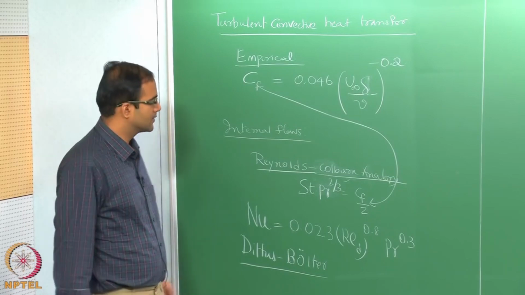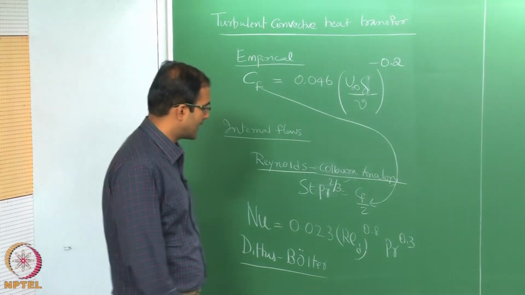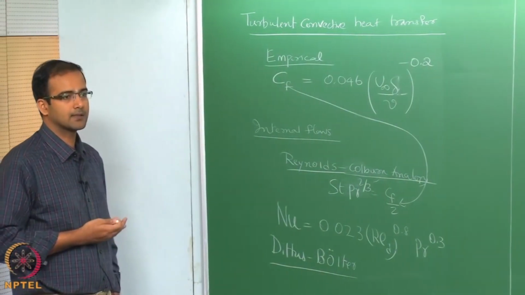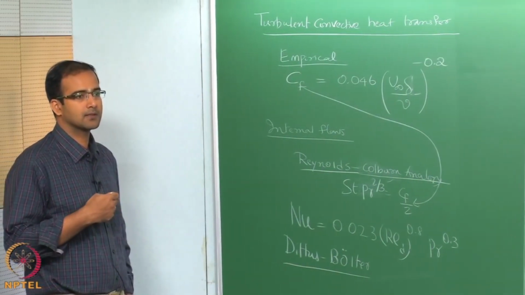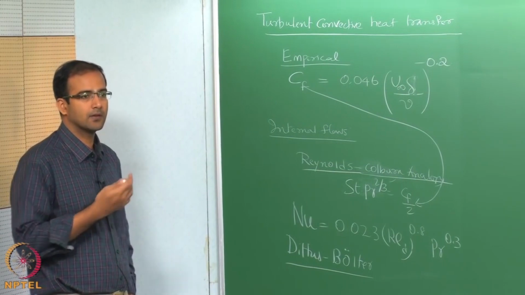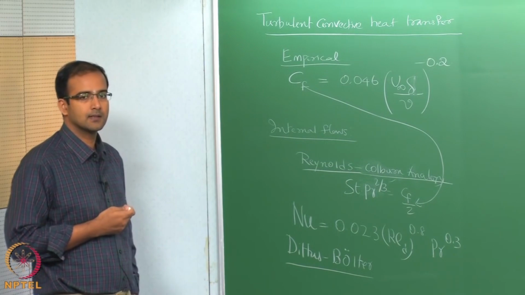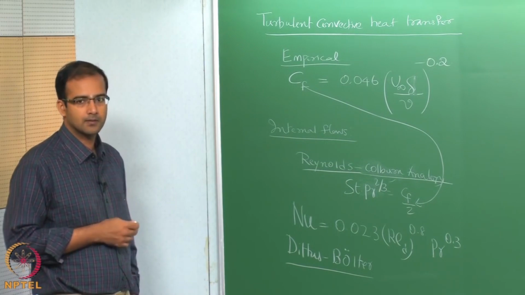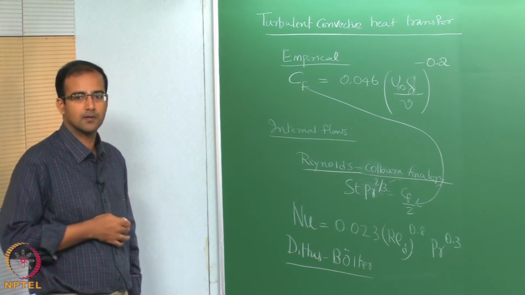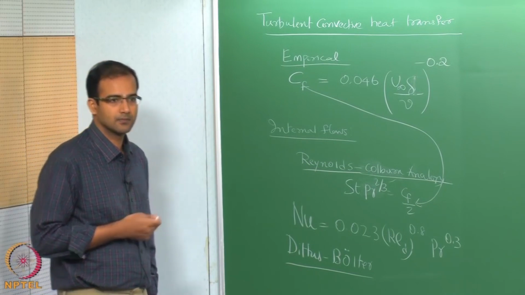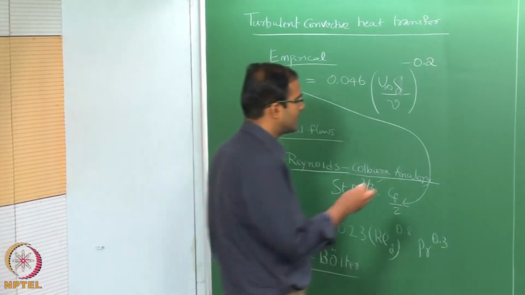Okay. So, from this you can understand that even for internal flows, in the laminar case your Nusselt number was constant in the fully developed region, but what this says is that even if it is fully developed in the turbulent flow, this is still a function of Reynolds number and Prandtl number, correct, because what is fully developed?